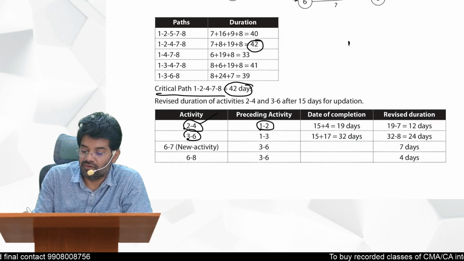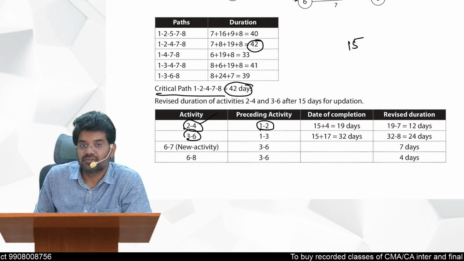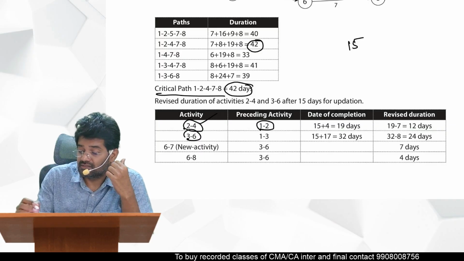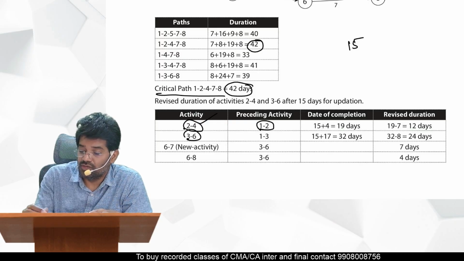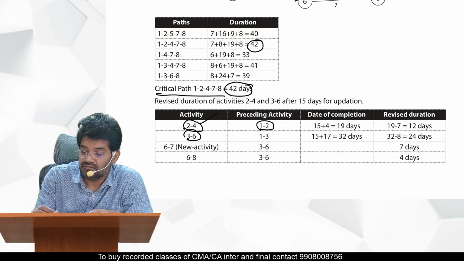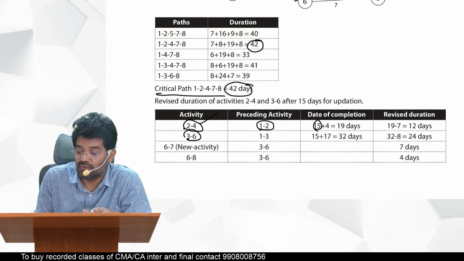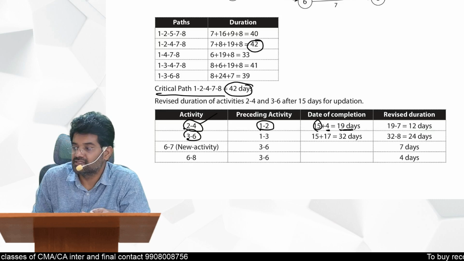But already 15 days are completed, no? So you completed 7 days already. What you can do here is, first of all, they said already 15 days are over and they require an extra 4 days. That you add, you are getting 19 days.